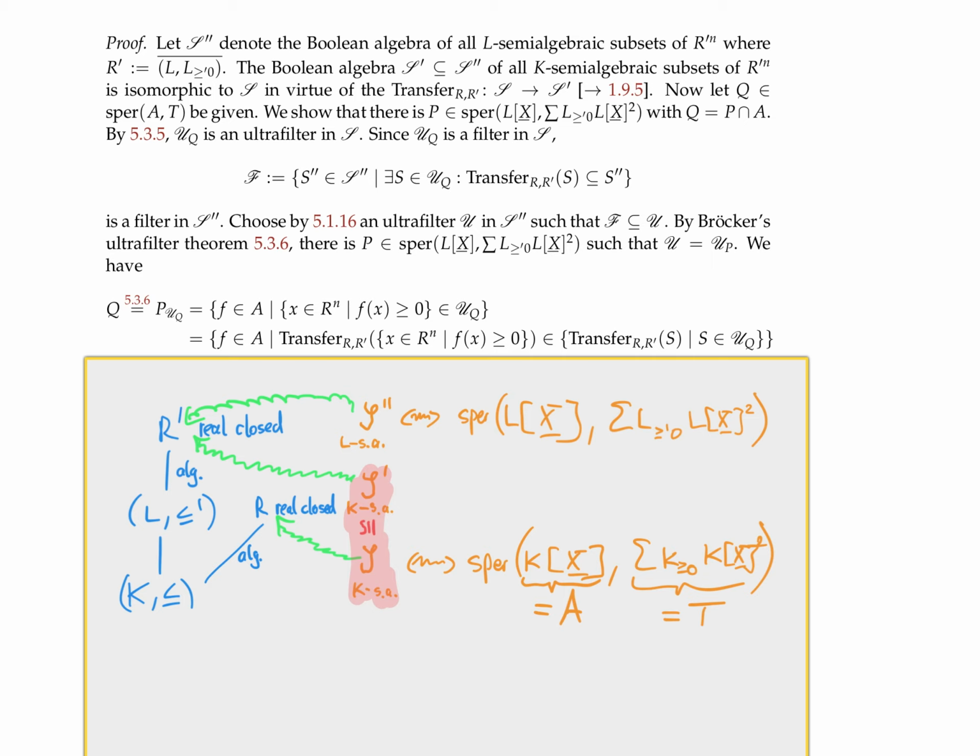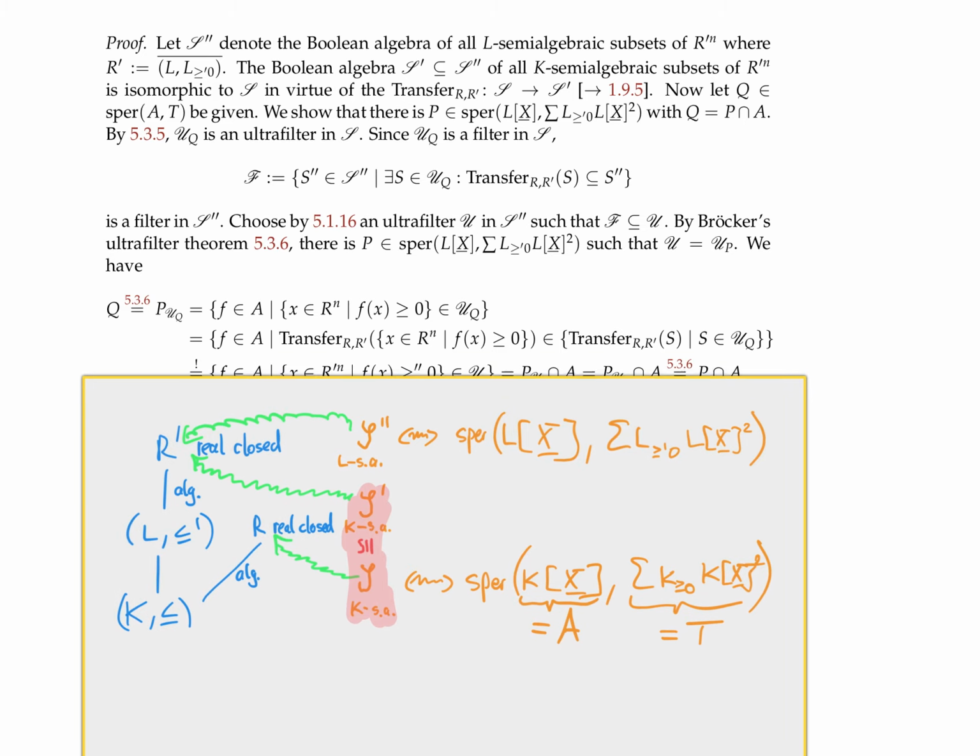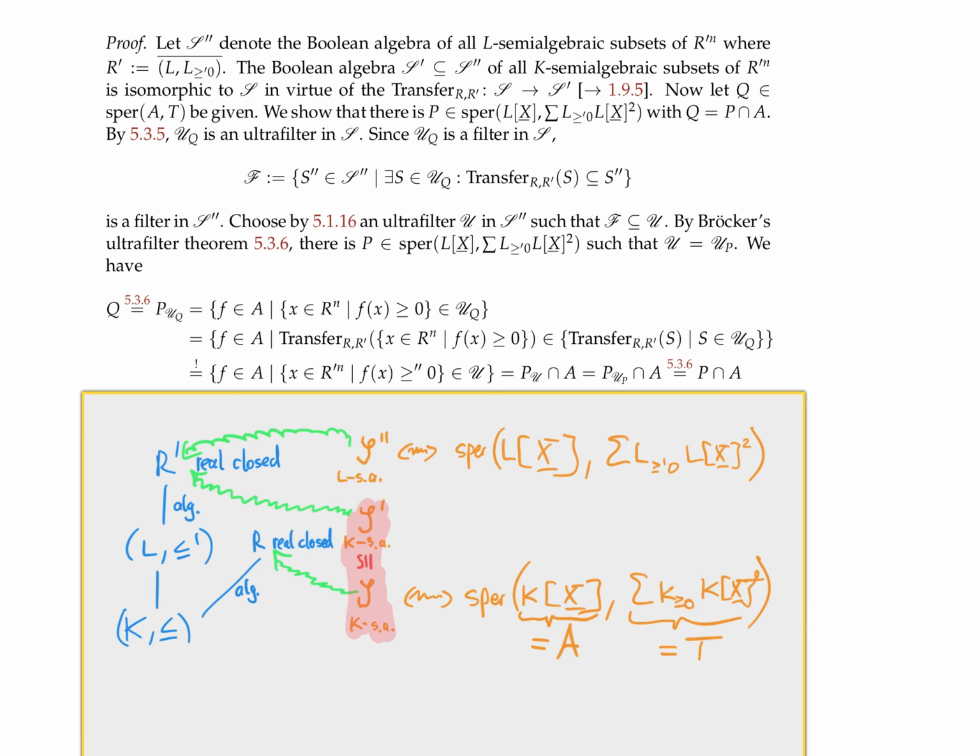The ultrafilter of SUQ corresponds to an ultrafilter here, and that's explicitly written here. I don't give it a name. And then the condition becomes, of course, that this transfer is an element of that. So that's trivial by the property of a transfer, that it is an isomorphism of Boolean algebras.